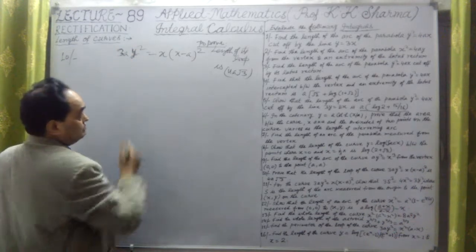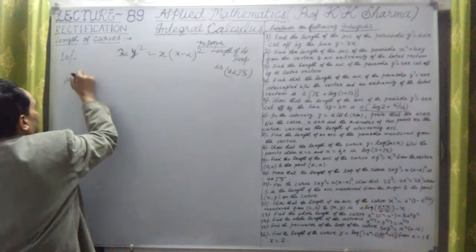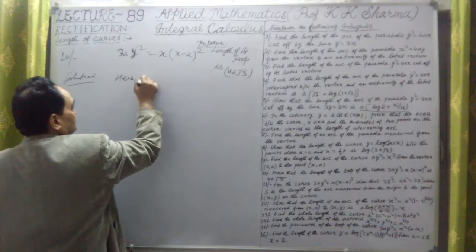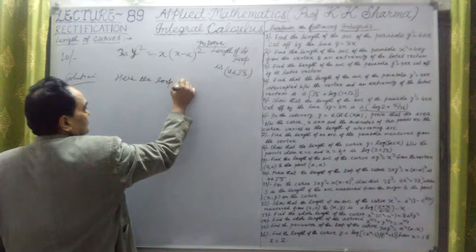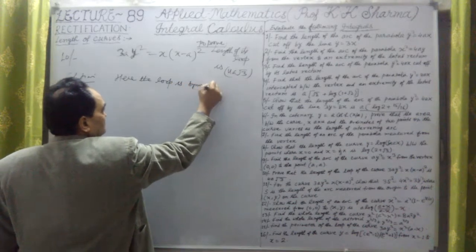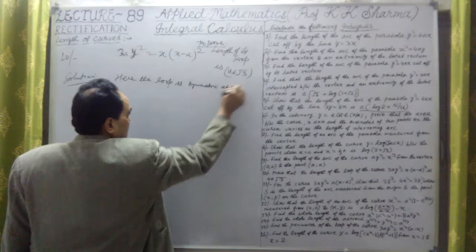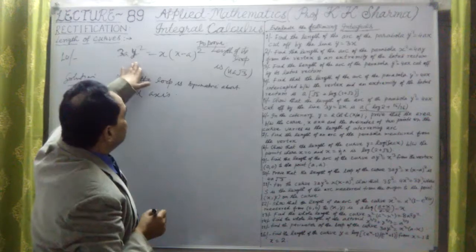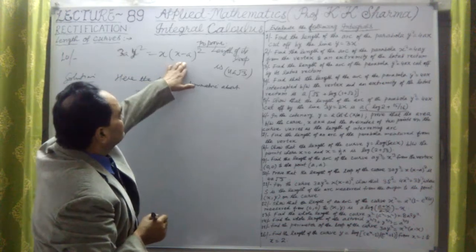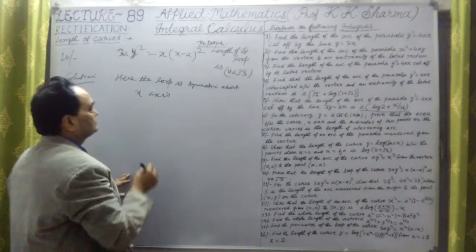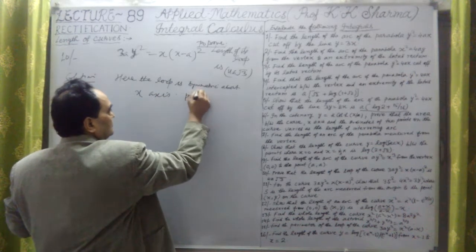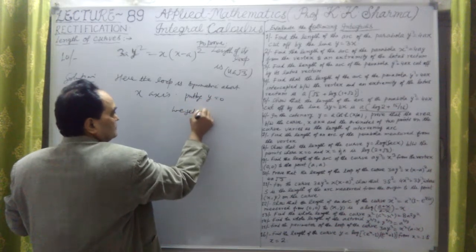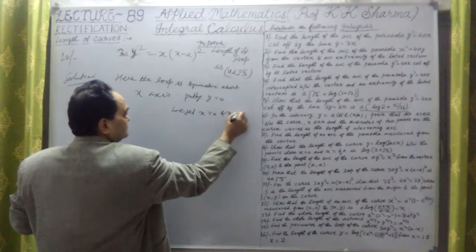So here, solution: the curve is symmetric about the x-axis. If I put y square equal to 0, or y equal to 0, then we get x equal to 0 and x equal to a.